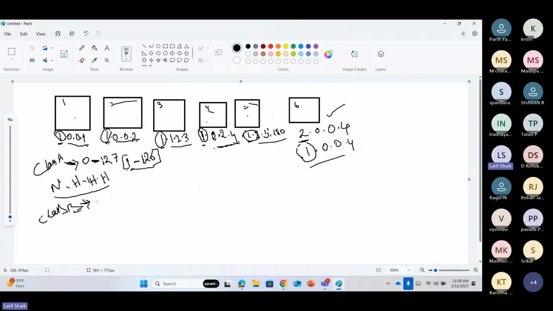So for class B, what is the class B range? Class A's last is 127. What is the starting one? 128.